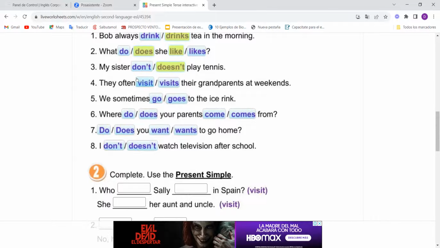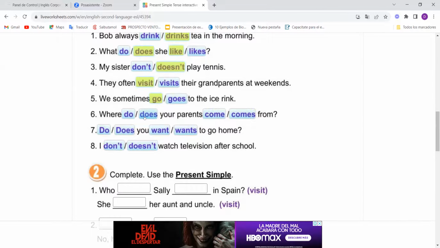They often visit their grandfathers at the weekends. They visit sería, ¿verdad? Primero. We sometimes go to the ice rink. We go sería, ¿verdad?